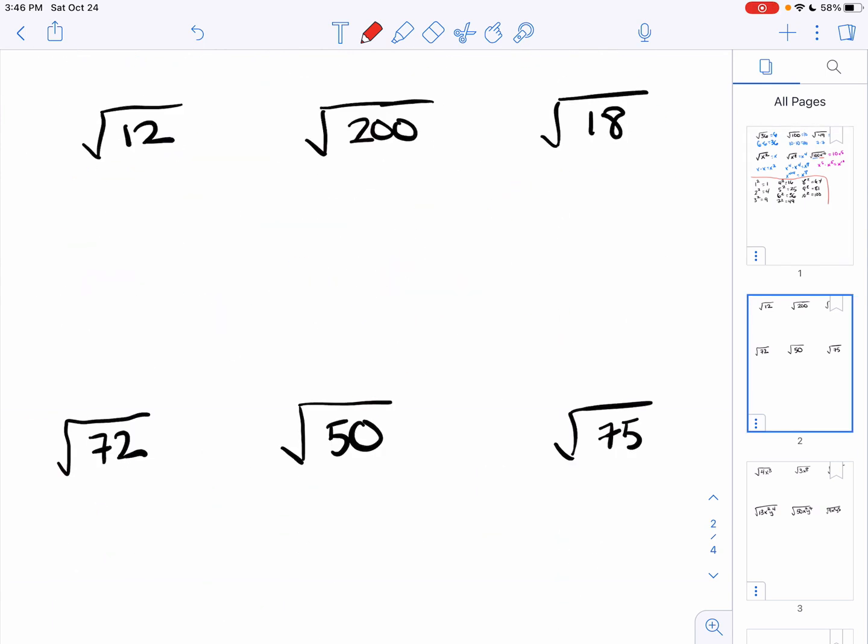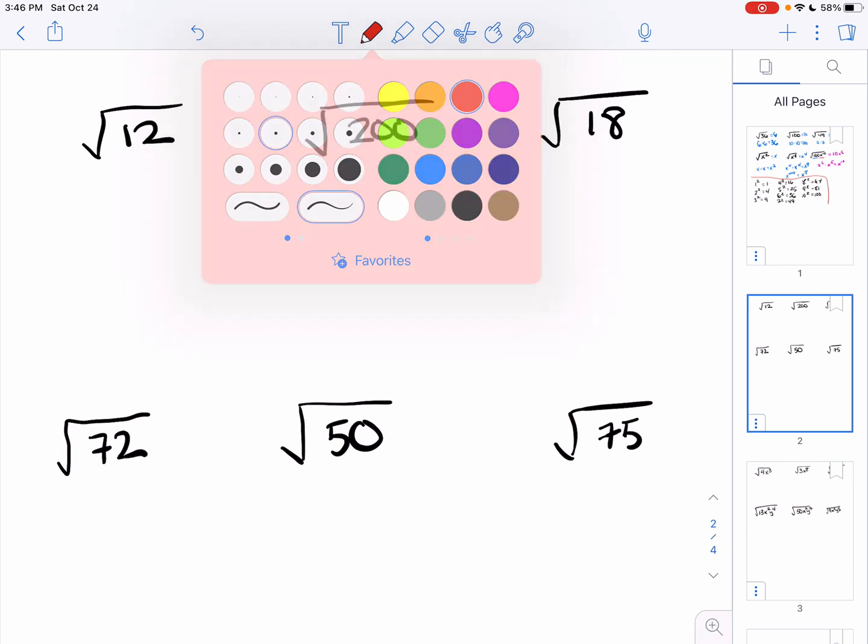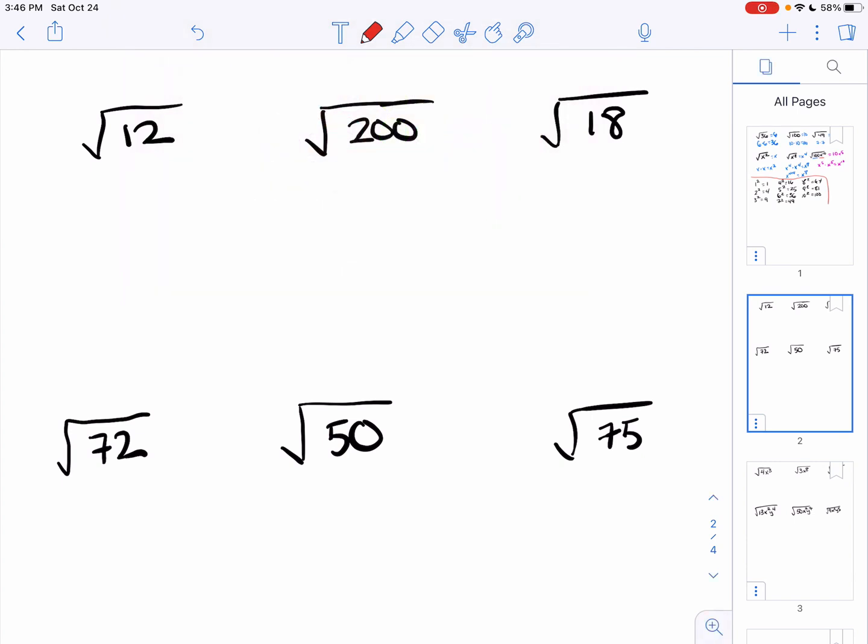So, unfortunately, life is not always great, and the number inside the radical is not always a perfect square, such as 12. There are no two numbers that are the same that will multiply to 12. But there's still something that we can do to make this radical look a little bit nicer. What I like to do is think, okay, what perfect square that I can multiply by something else can get me to 12?